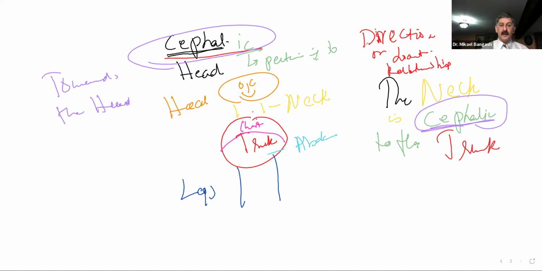That's why I say this term cephalic is mostly used as a directional term, just like you say going towards east, or eastern. I'm on the eastern coast. I'm on the western coast.